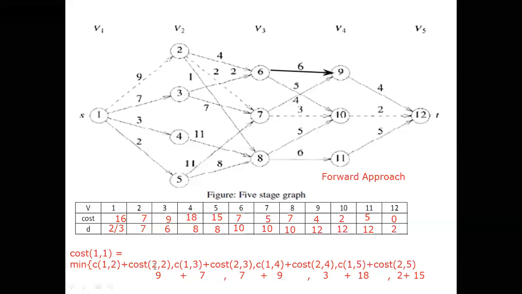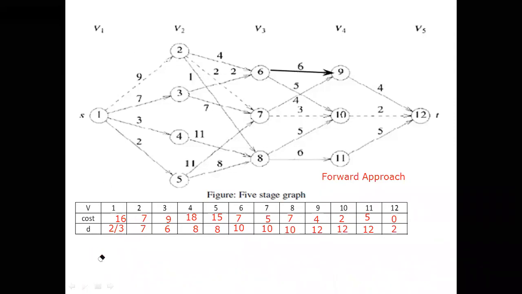Yes. Now I will write those values here only. See, now we have solved all the values from here to here, that means 12 to 1. Now for writing the path, we can start with 1 because we are using the forward method. D of, the first stage, it is 1, 1.